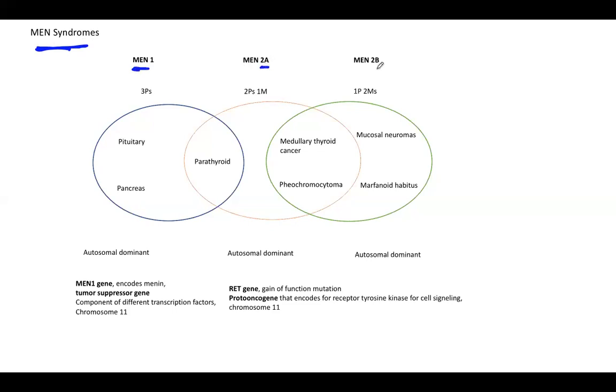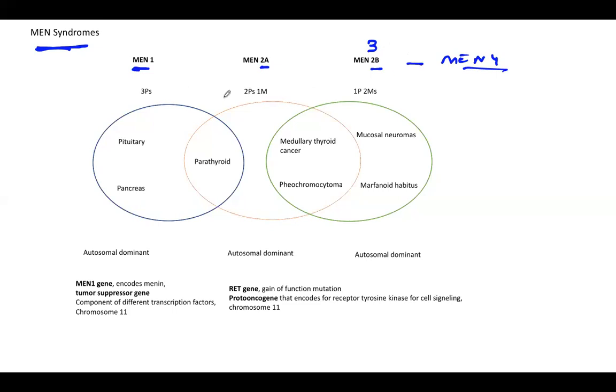In MEN2, we have 2A and 2B. Sometimes they say MEN2B as MEN3 as well. And there is a new syndrome, MEN4 as well, but this is not for the exam. In the exam they just ask these, the 2A and 2B. Even MEN3 is not what we need to understand.